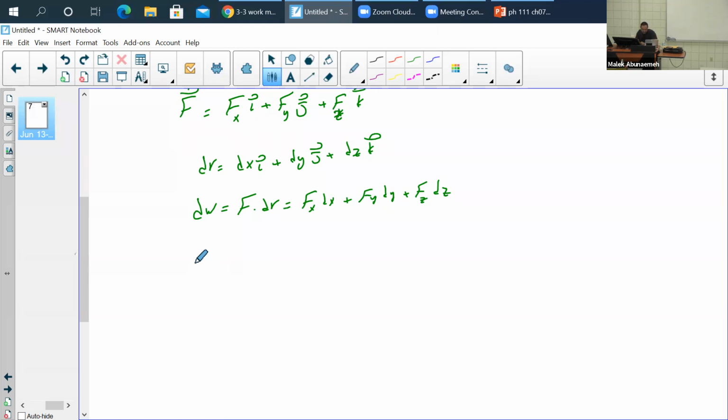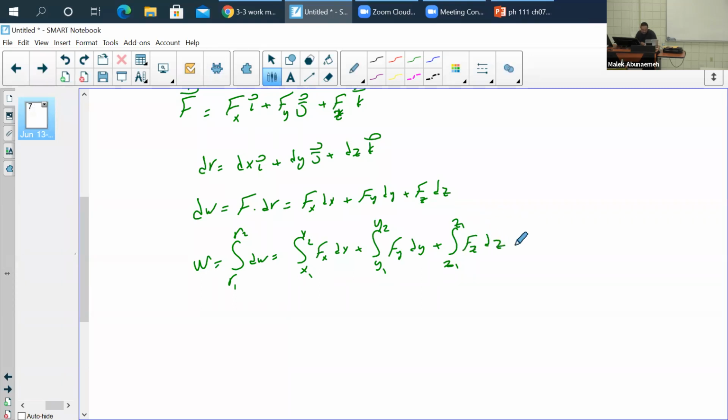So taking the integration for your work from r1 to r2, dW is going to be the integral from x1 to x2 of F of x dx plus y1 to y2 of F of y dy plus z1 to z2 of F of z dz.